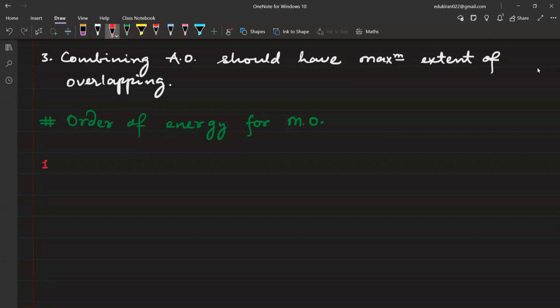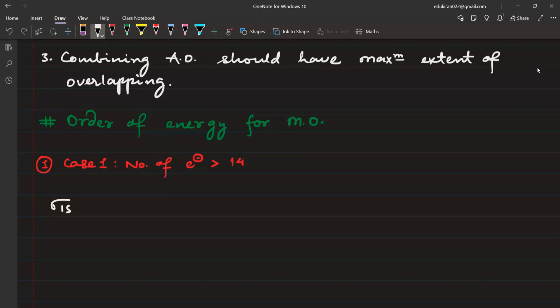Now here we have two different cases. Case one is when the number of electrons is greater than 14. So the case is a simple case. First of all, we will have the sigma 1s.